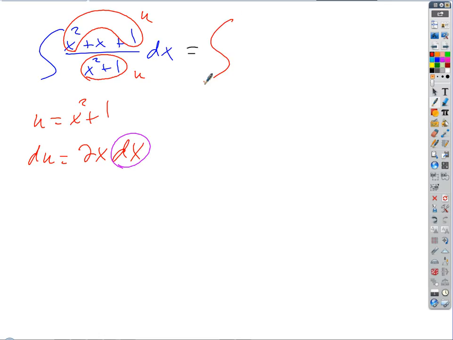We're gonna have a u, everybody agree the top is just gonna be u plus x, right? Over u, times dx, which is, if we solve for dx, du over 2x.